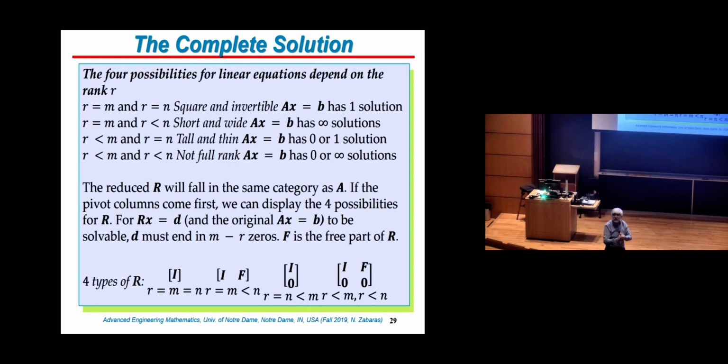How do we call that number? It's the rank of the matrix. So we have R. So R is the dimension of what space? Of the column space.